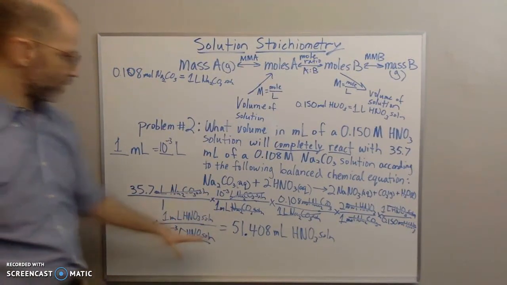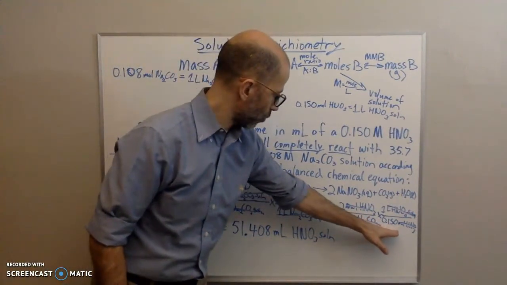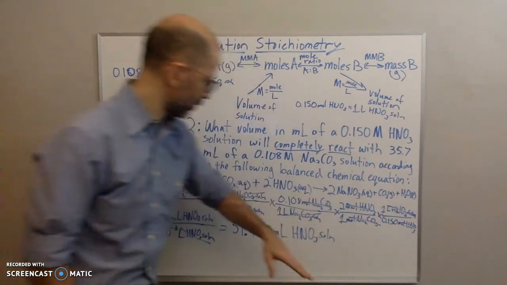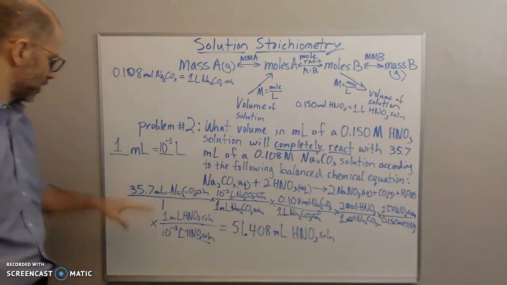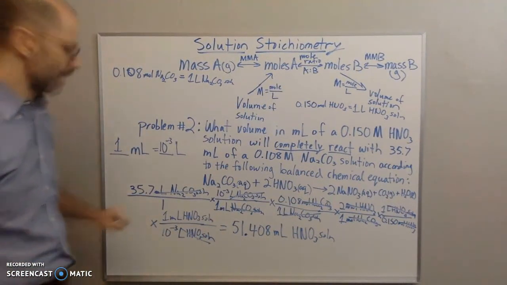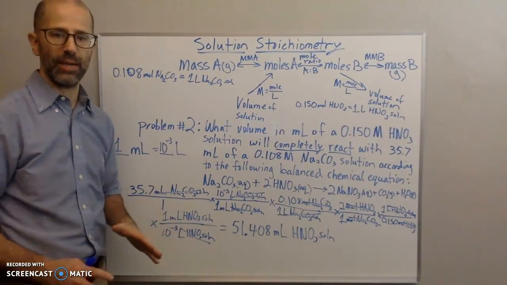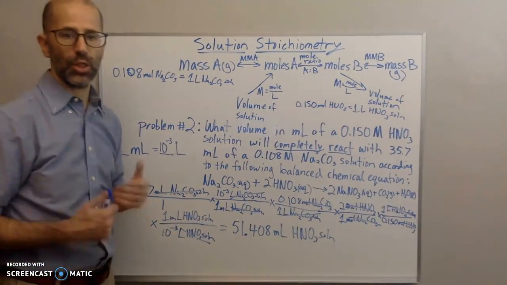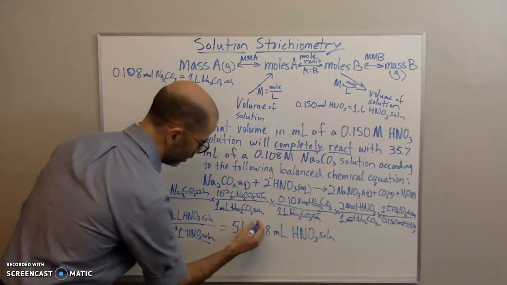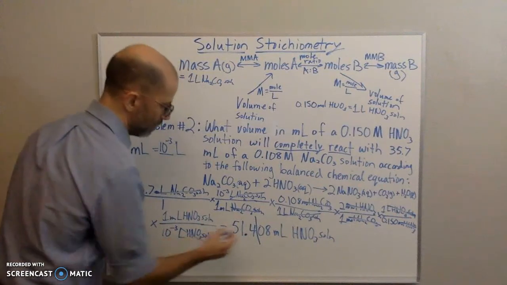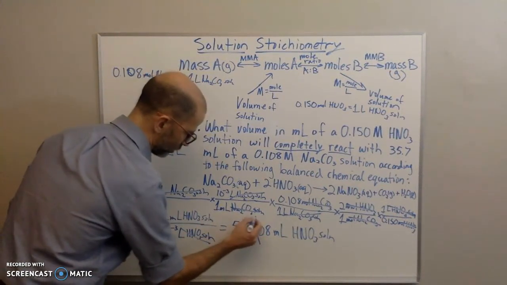That leaves the 0.150, that's 3 sig figs. The 0.108, that's 3 sig figs. And 35.7, that's 3 sig figs. So it's all the same. So my answer should be in 3 sig figs. So 1, 2, 3. I'm going to cut it off here. And this is a 0, so that stays as a 4.